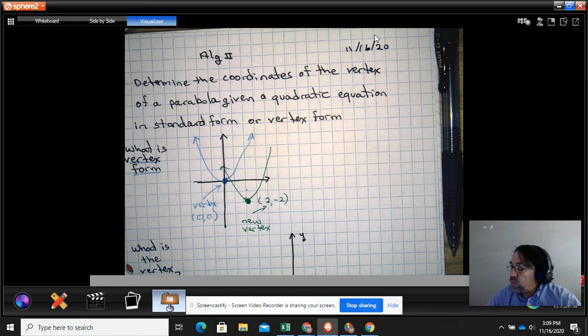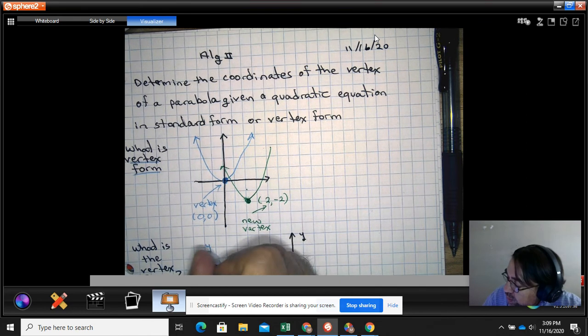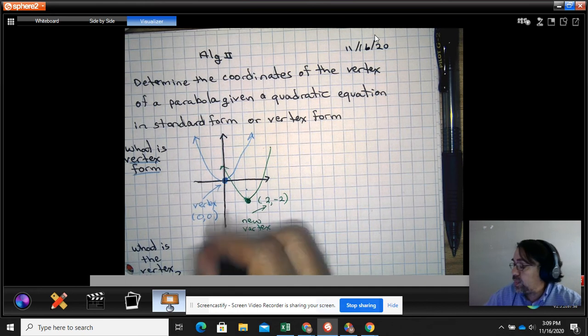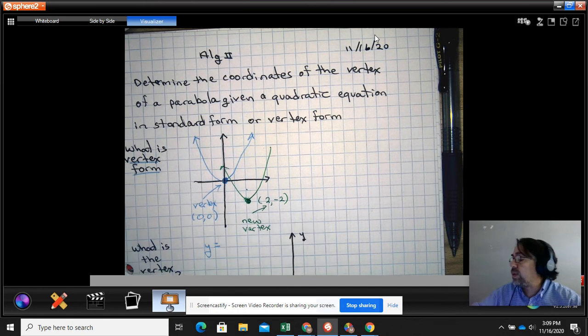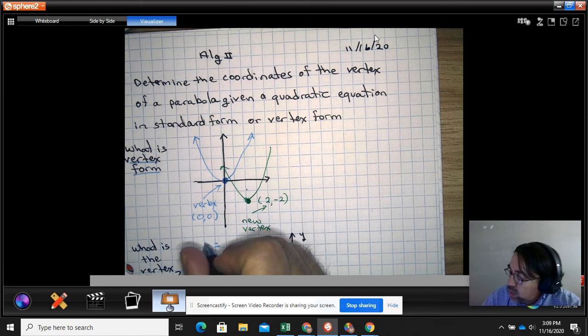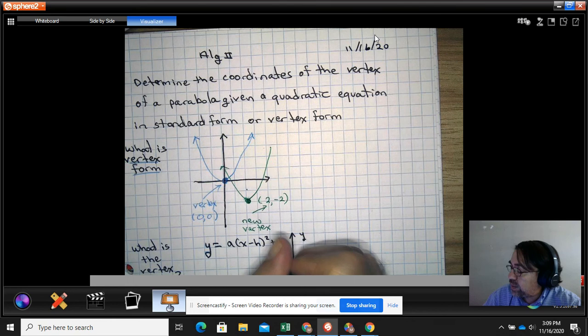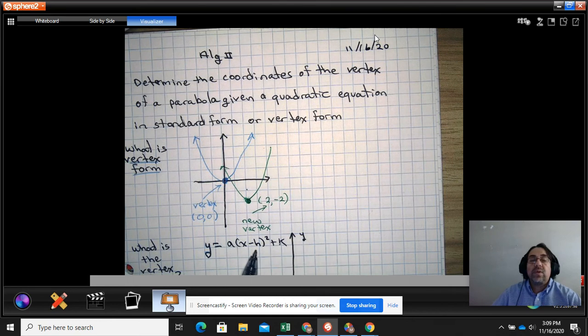Also, if you remember, we had an equation that looked like this. Y equals a(x minus h) squared plus k. This was a transformation that we studied.